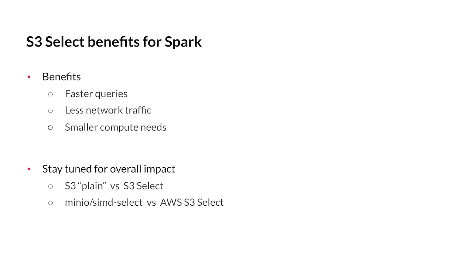We will definitely be doing some further testing in terms of how not using S3 Select compares to using S3 Select. So stay tuned for some further benchmarking that we will blog about to see how that works.